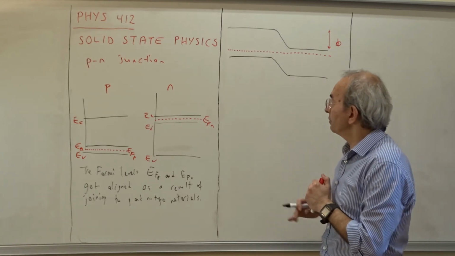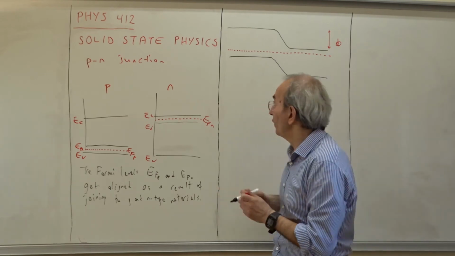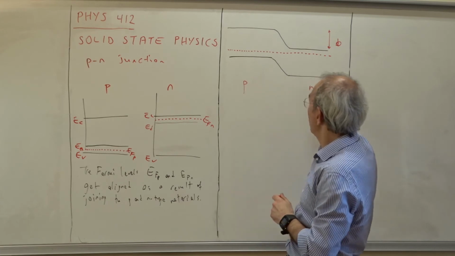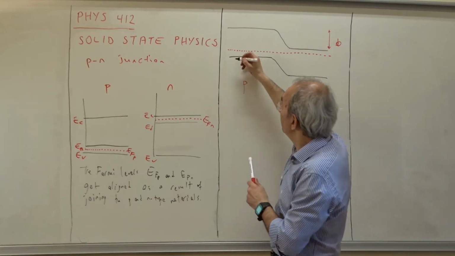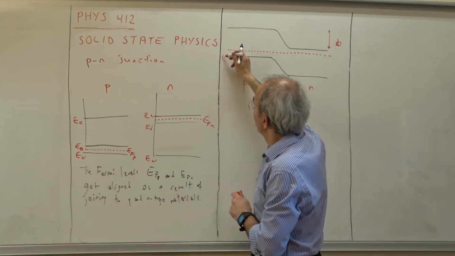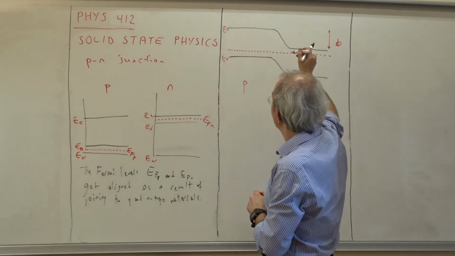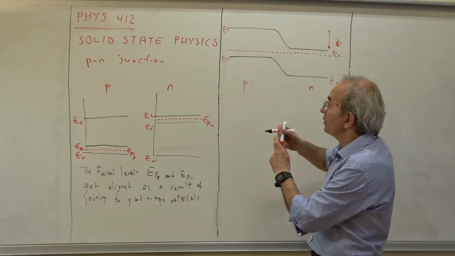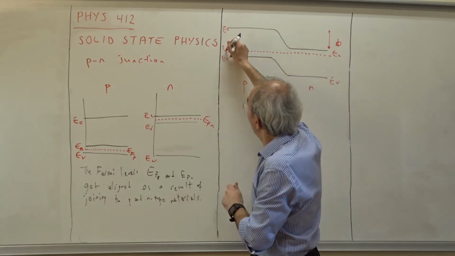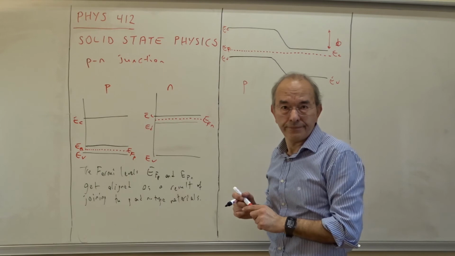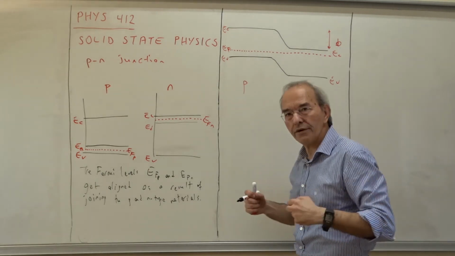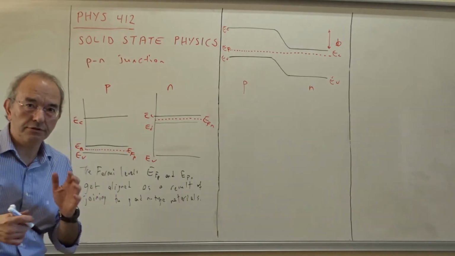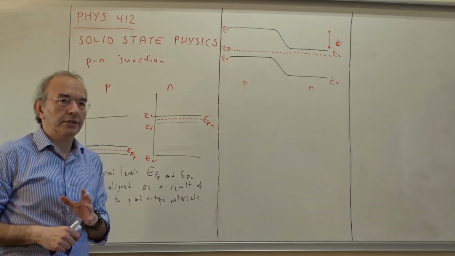This is the energy picture. The Fermi levels align, but of course this is the p-type and that is the n-type, and these are the valence and conduction band edges for the one and for the other. These dotted lines are the Fermi levels, immediately after we join these two pieces of semiconductors.